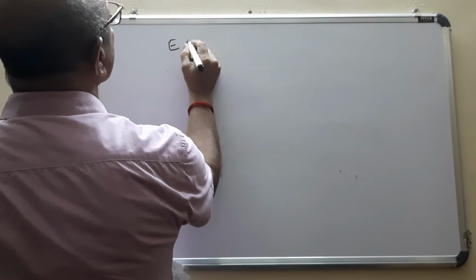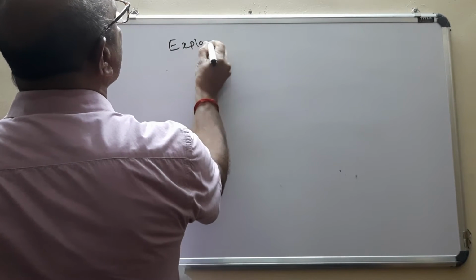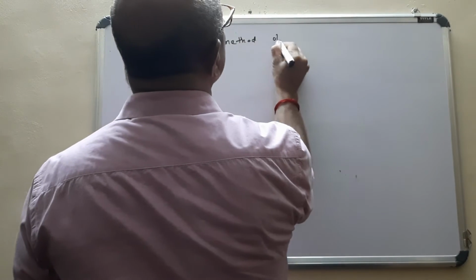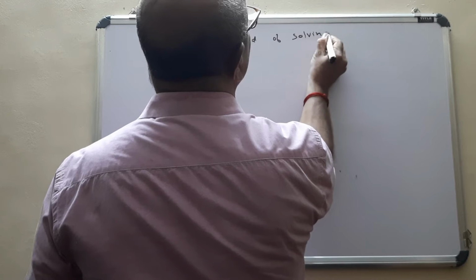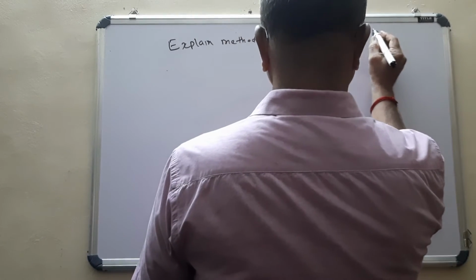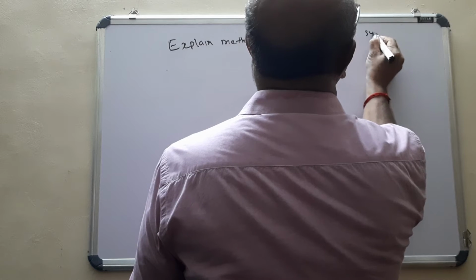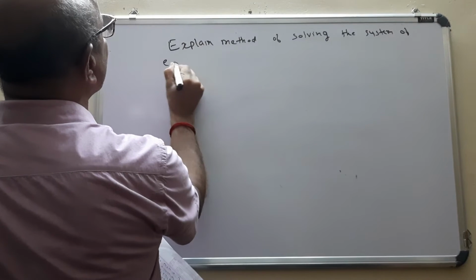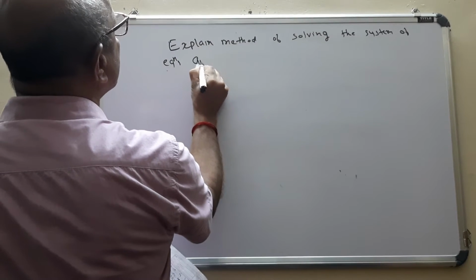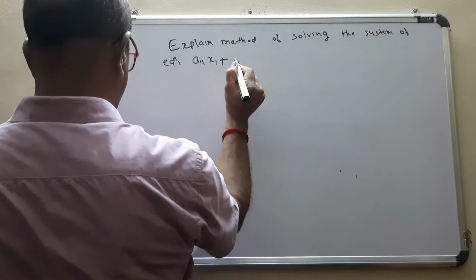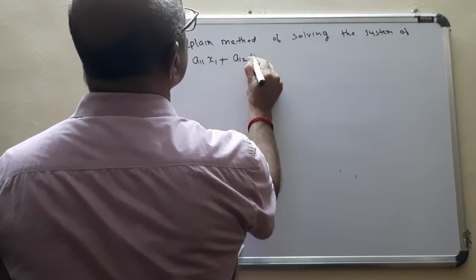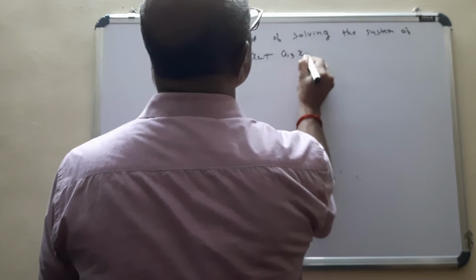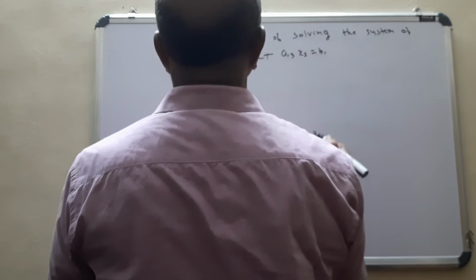Explain the method of solving the system of equations a11x1 plus a12x2 plus a13x3 is equal to b1.